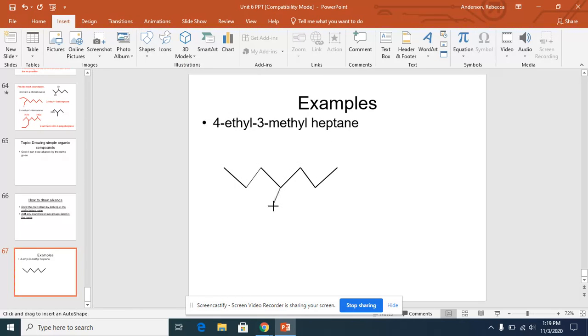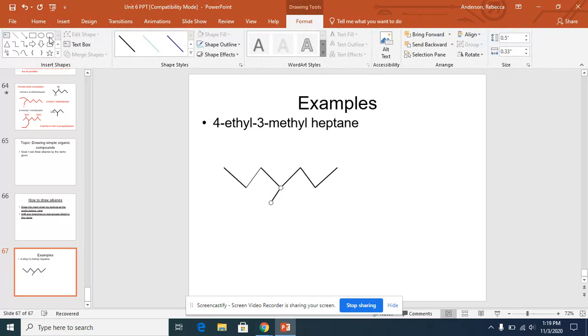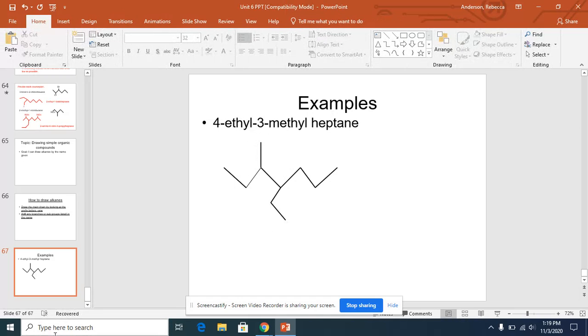We need 2 carbons. So there's 1 carbon, 2 carbons. And then at 3 we have a methyl, which if you look at the prefix is just 1. So 1, 2, 3, we have a 1. And you could just draw the line straight up if you want to. So that would be how you draw that.